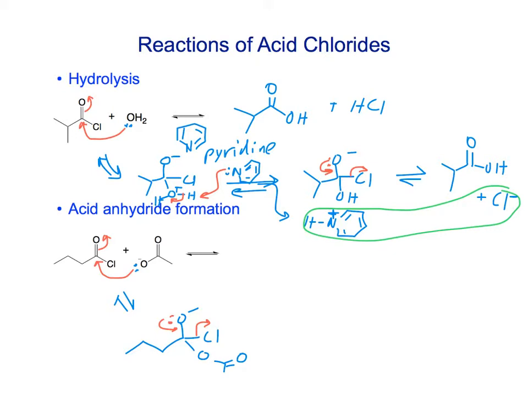We lose chloride, and we get an anhydride as our product, plus Cl minus. Okay, when we're using an anion as a nucleophile, we don't have to add pyridine. We're not generating any hydrochloric acid in the process.